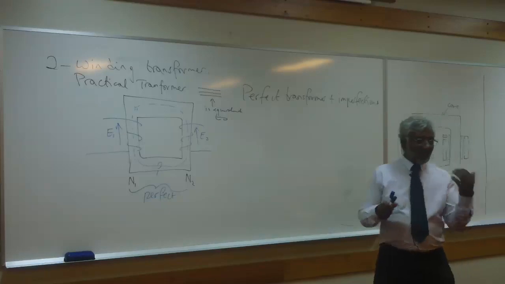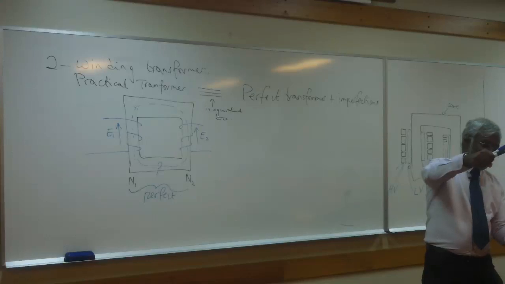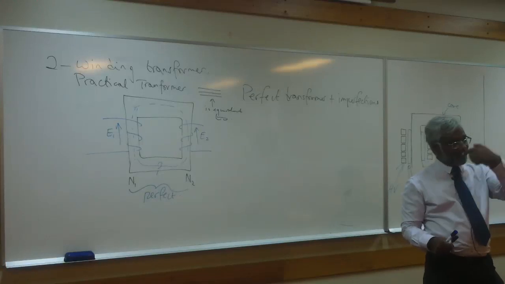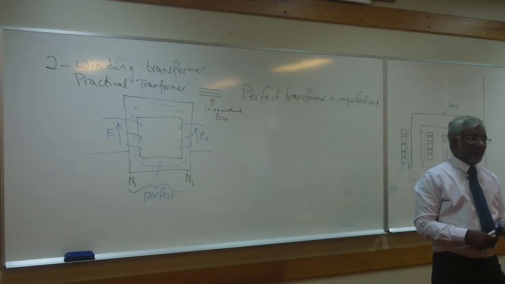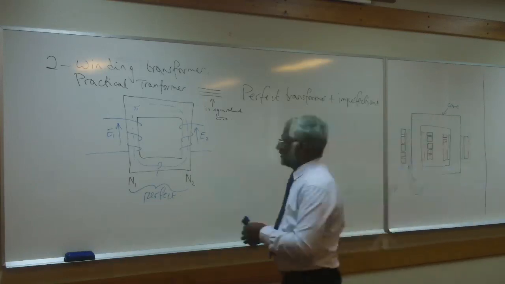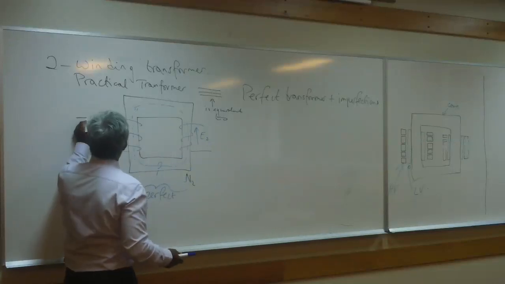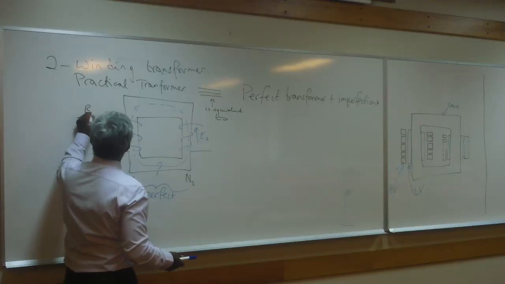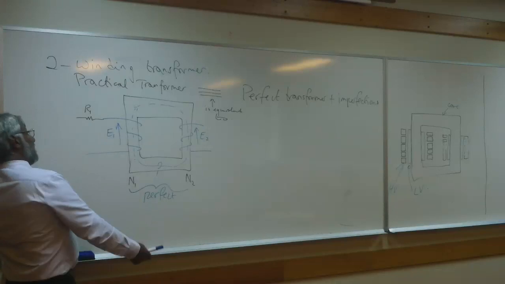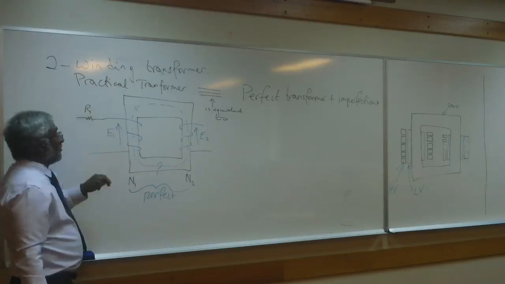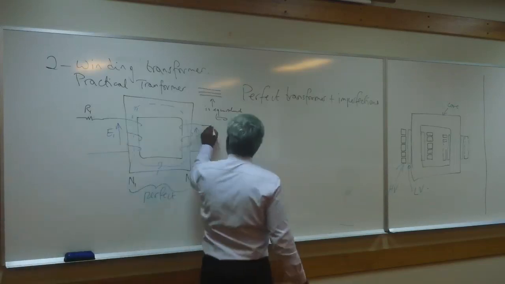Okay, so copper loss, does it depend on the voltage I'm applying to the transformer, or does it depend on the current I'm pushing through the transformer? It depends on current. And because of that, you would see that the I squared R losses, that is the copper loss, is represented by resistance in series rather than parallel, because it's dependent on I rather than on V. And you, of course, have one on the other side.